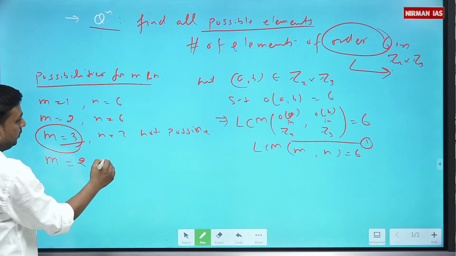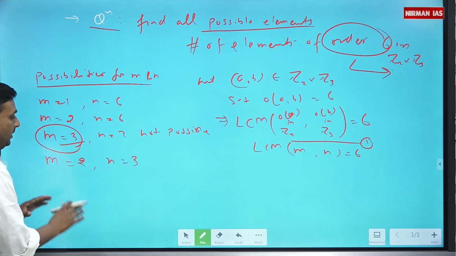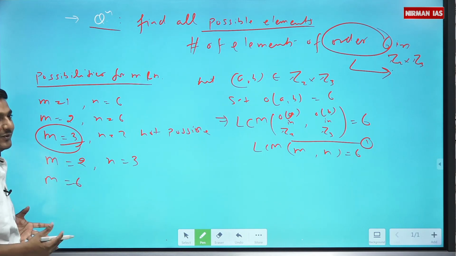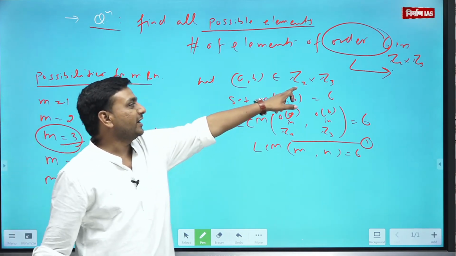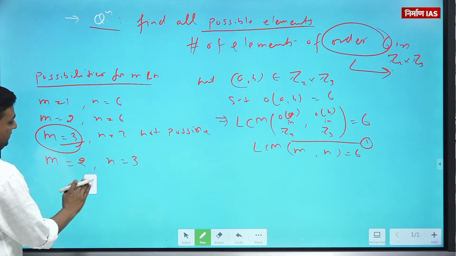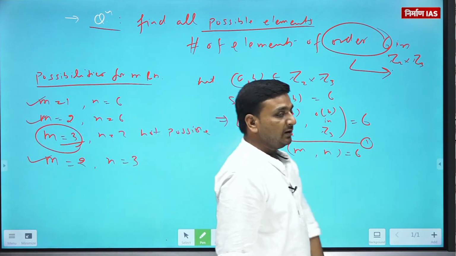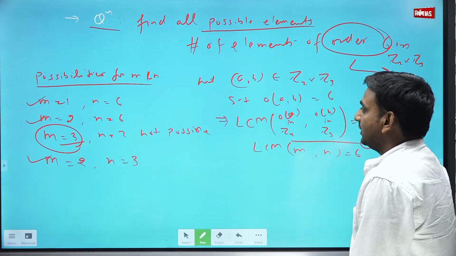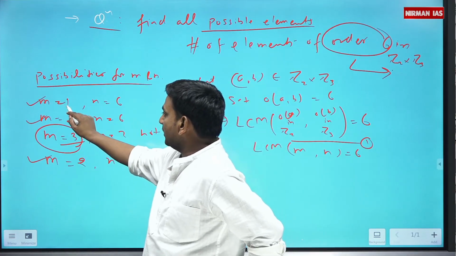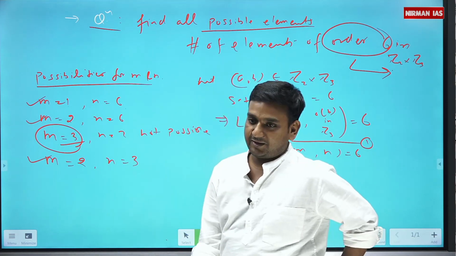Let's say m is equal to 2, n is equal to 3. This is possible. Is m equal to 6 possible? No, because Z2 cannot have an element of order 6. So this is again not possible. So what are the possibilities for this to happen? Element of order 1 in Z2, element of order 6 in Z3.